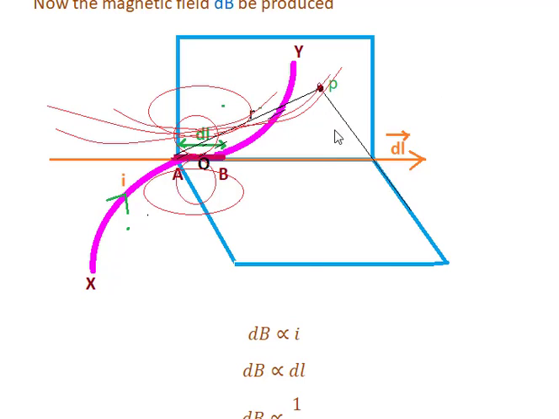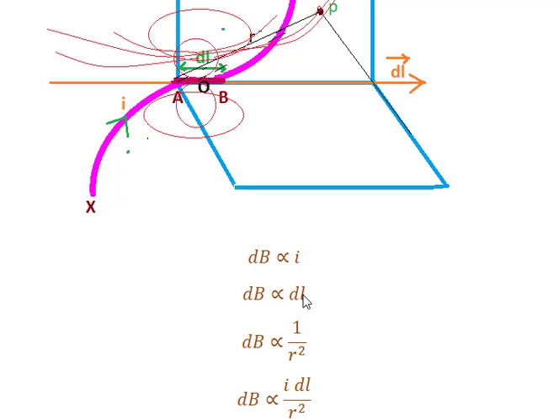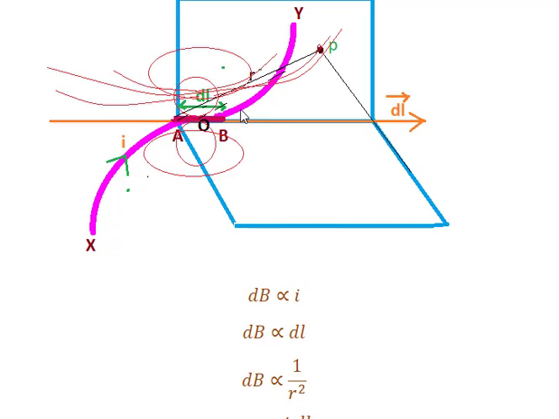The magnetic field measured at the point P is directly proportional to the current passing through the wire and the length dl we have taken, and inversely proportional to the square of the distance between them.